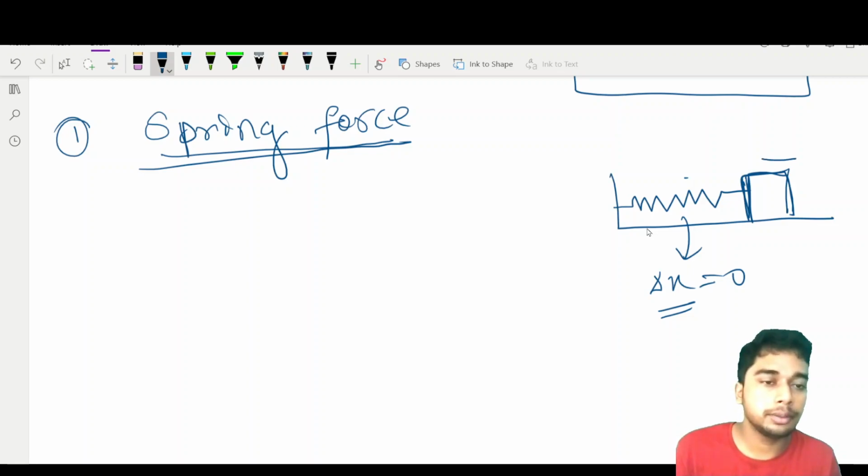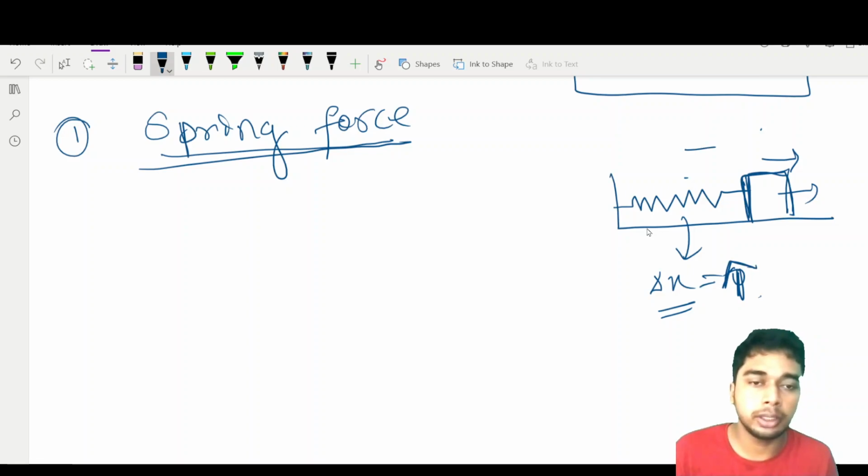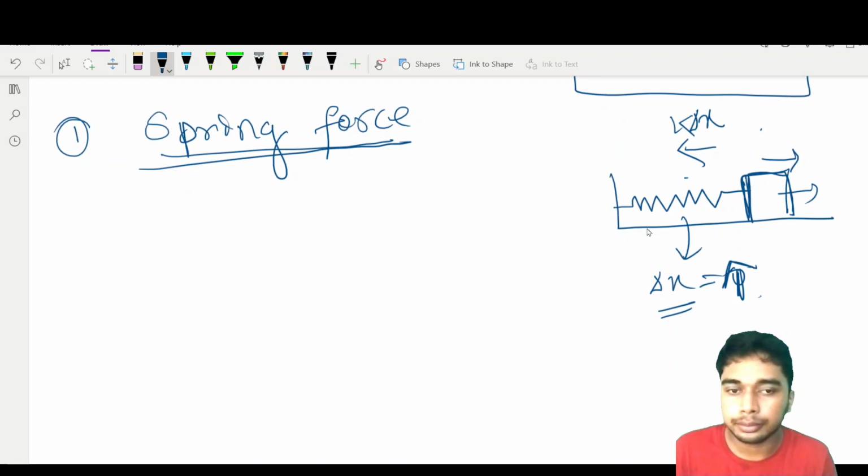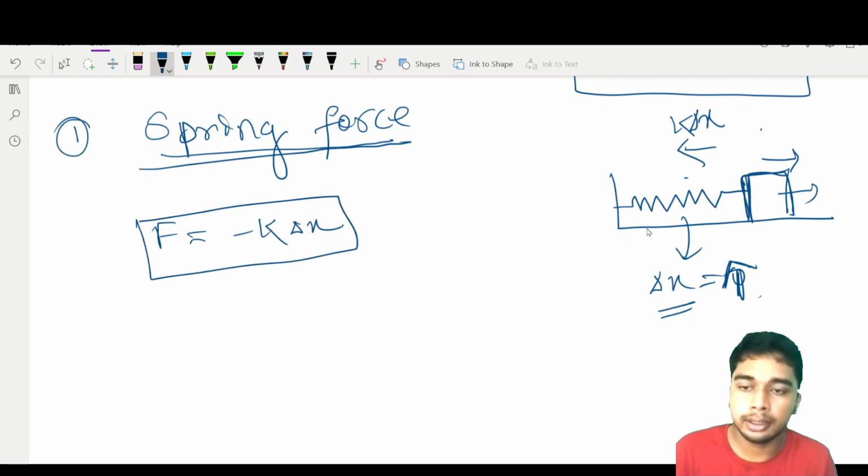If I give some impulse, the body will try to move right, then the extension will increase. Then there will be an opposing force that will oppose the motion of the body. So I will simply write that F is equal to minus K del x. This is the principle behind the spring.